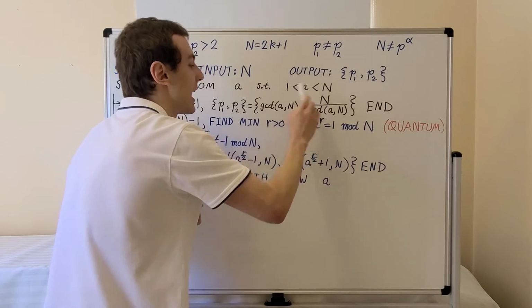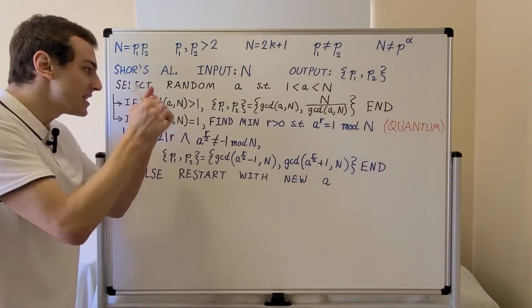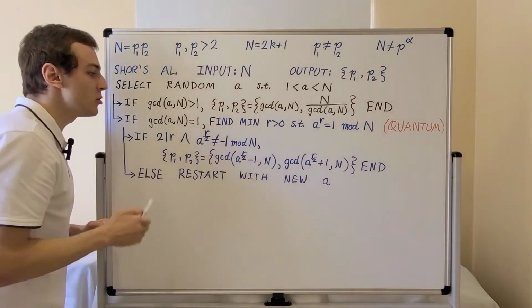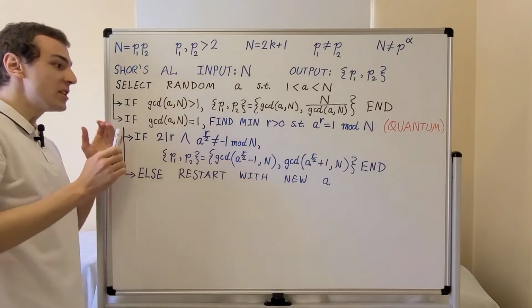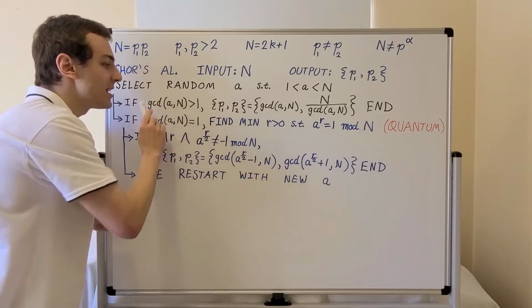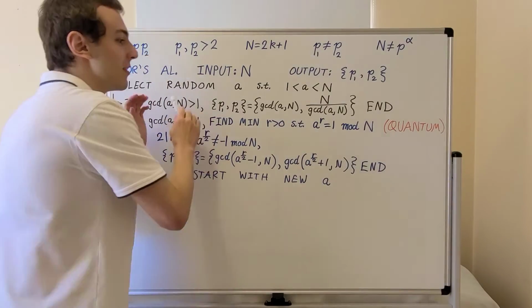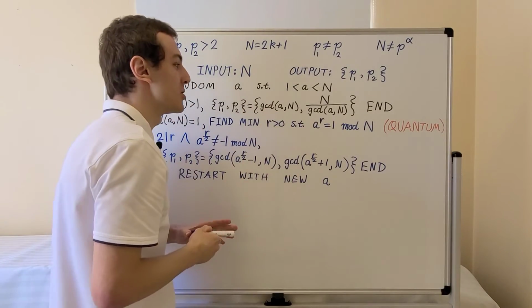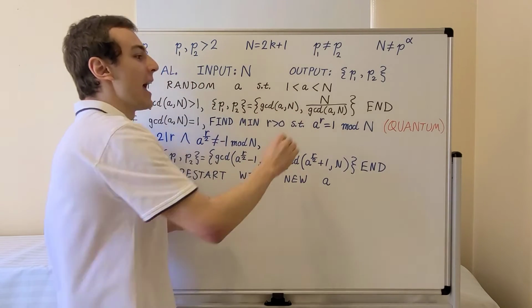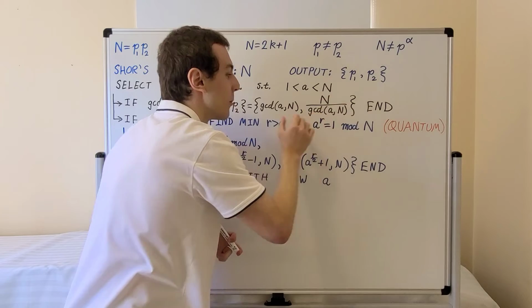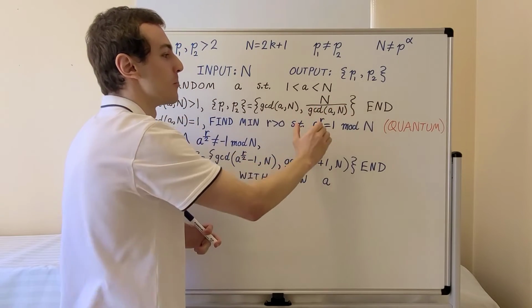So we have an integer a. Now that we have this positive integer, we need to compute the greatest common divisor of a with n. If it turns out that this greatest common divisor is greater than 1, then we're done the factorization procedure. We can identify P1 as that greatest common divisor, and then we can take n and divide it by P1, and that's going to give us P2.